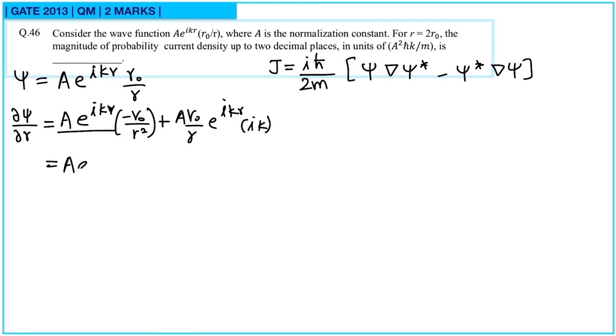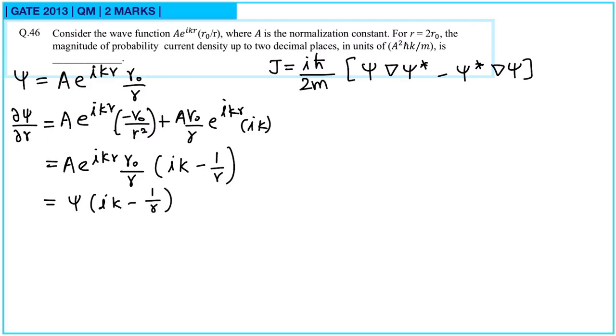So this is A e raised to i k r r naught by r, and in bracket we have i k minus, so this r naught is also common, into 1 by r. So this is equal to psi into i k minus 1 by r.